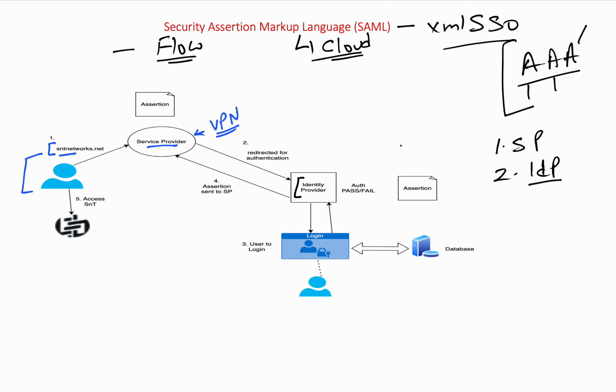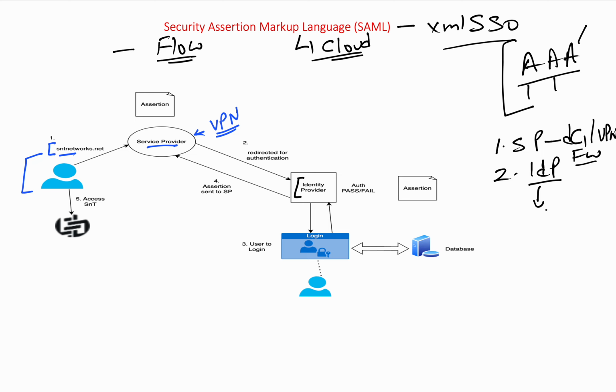We'll talk about all of these things as we go, basically a deep dive into it. So, what is SP? SP is a service provider. What will be the SP? It will usually be your default gateway, or your VPN device, or your firewall, whatever. What is your IDP?